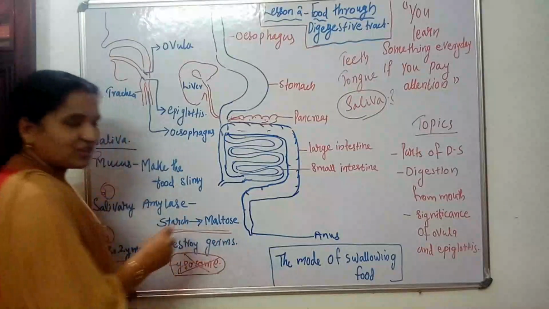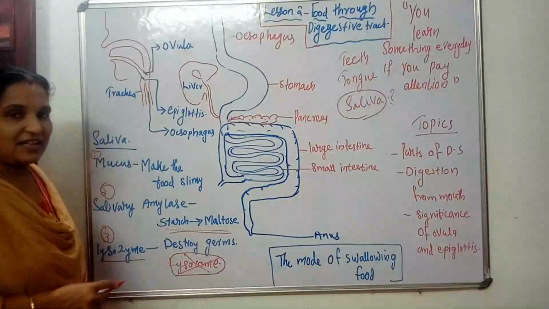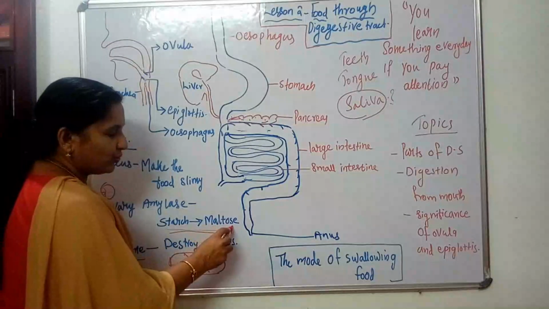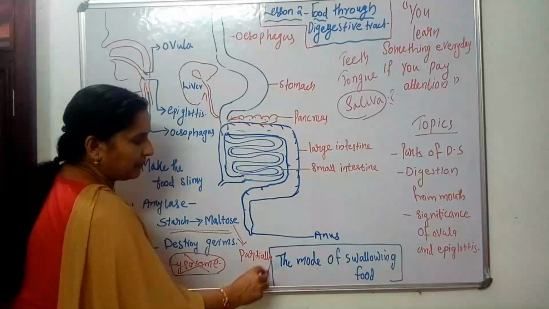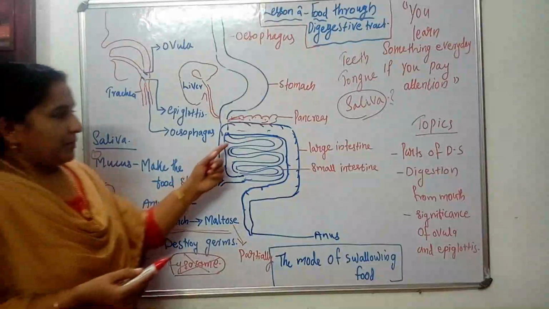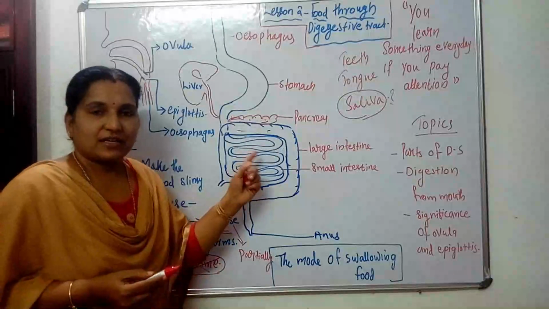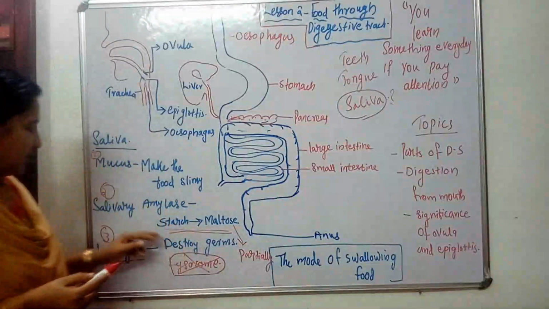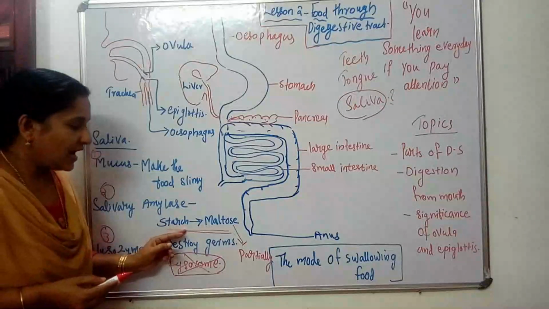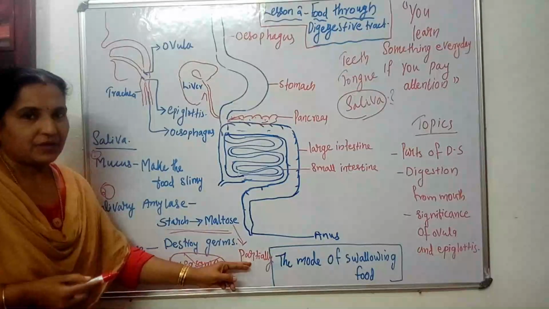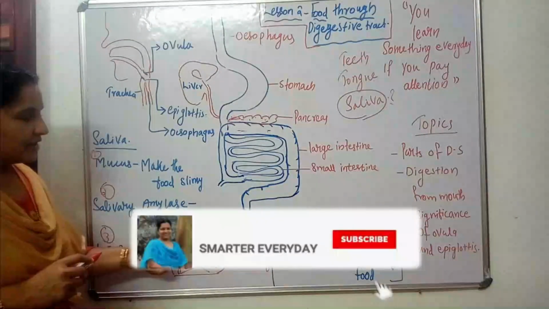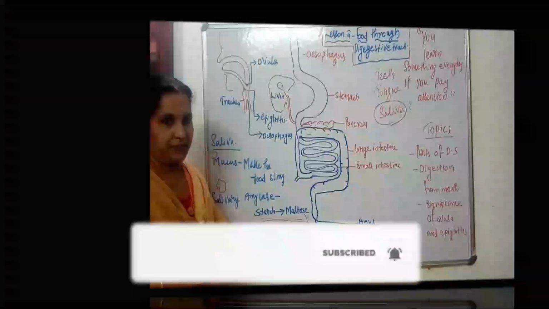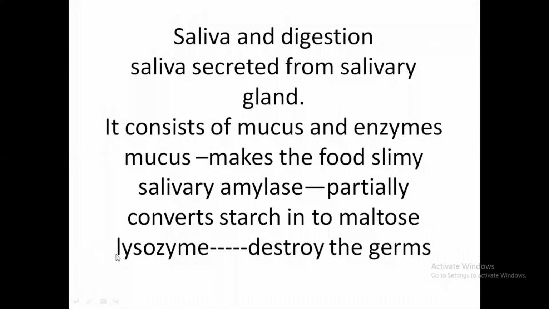Here, the starch which is present in the wheat as well as in the rice is converted into maltose partially, not fully, because the remaining process will take place in the remaining parts that we can study in the next class. Then what is the role done by the lysozyme enzyme? Yes, that enzyme destroys germs.